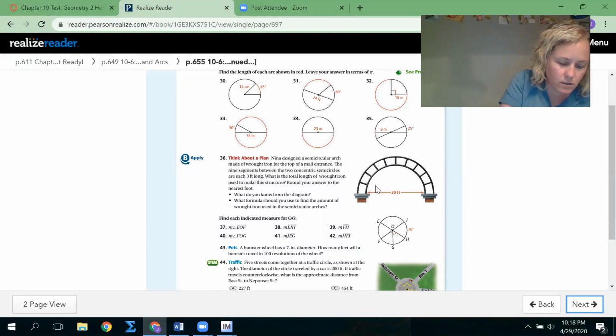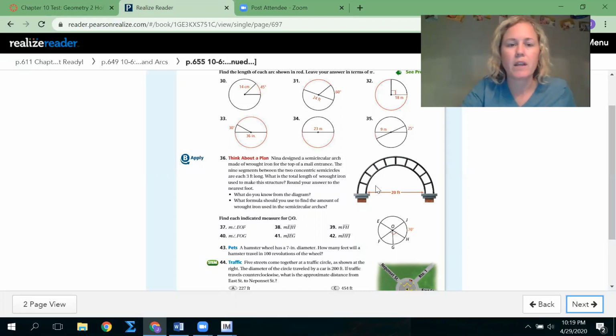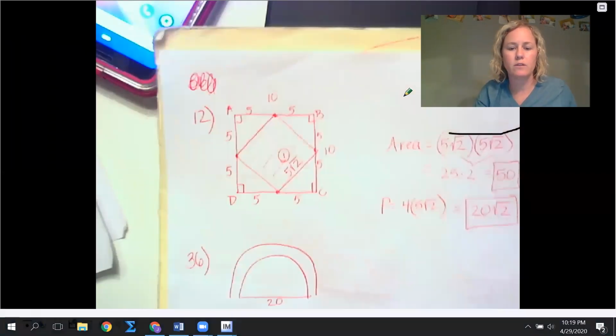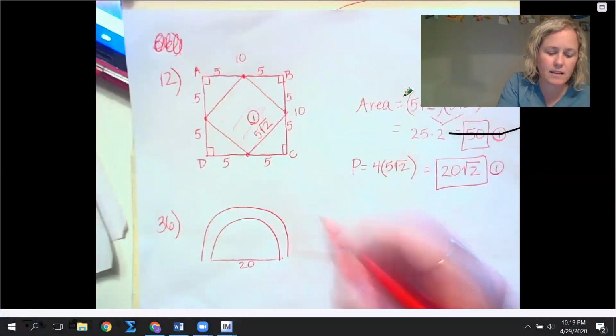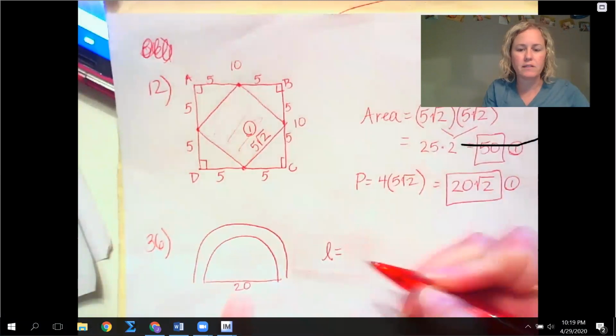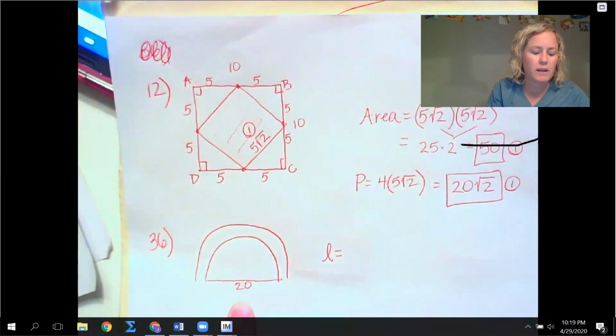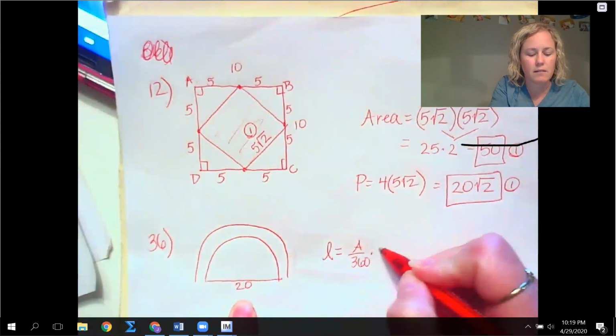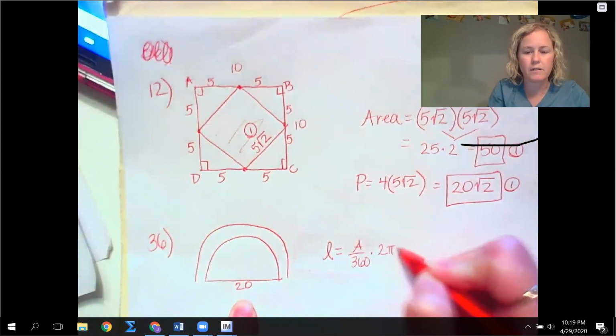Okay, so I'm gonna draw a quick picture here. To do this, we're gonna have to find the length of this arc. Our formula for length of an arc is A over 360 times 2 pi r.